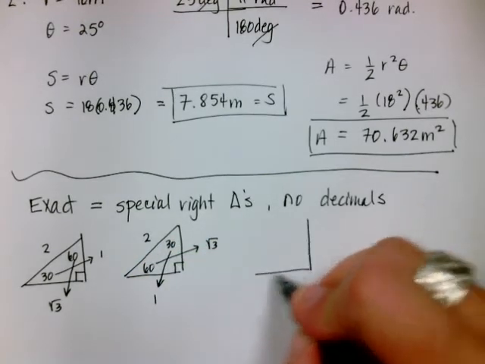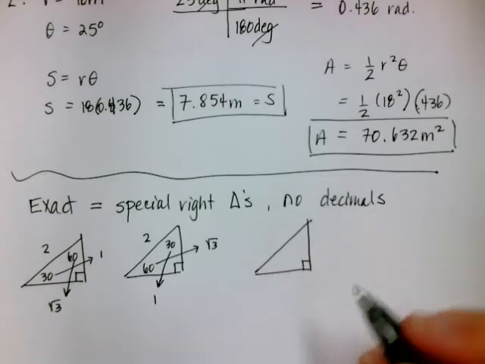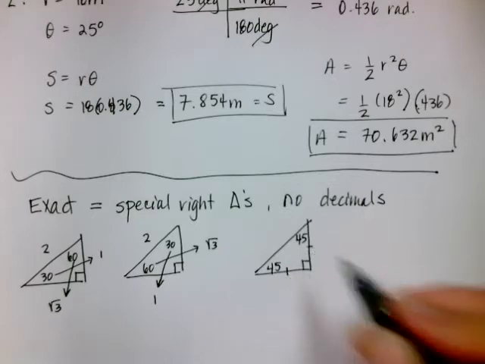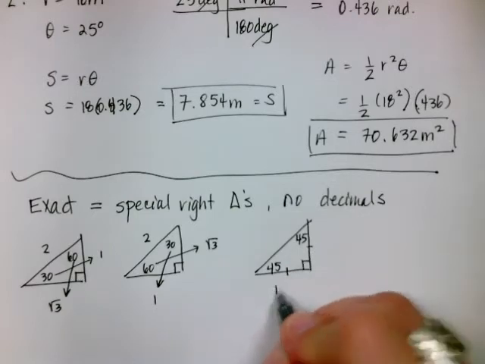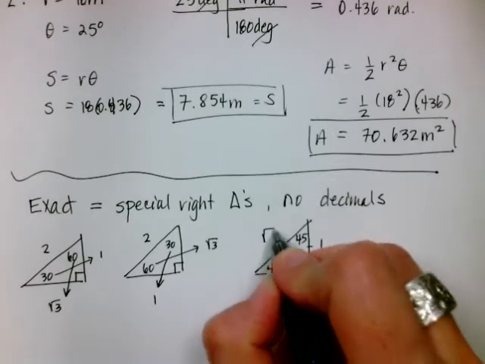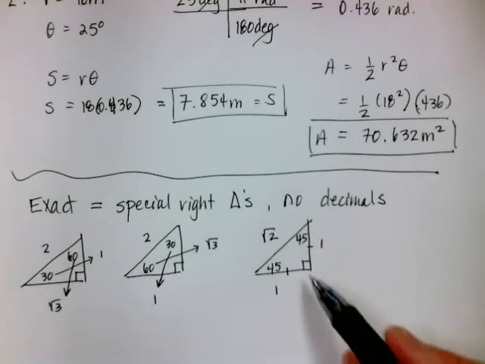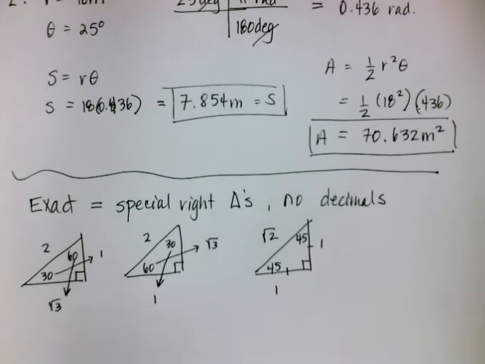If I have a 45, 45, 90 special right triangle, remember that the legs are congruent. The legs are going to be 1, and the hypotenuse is radical 2. So those are the ratios that you need to remember. You need to memorize that information.